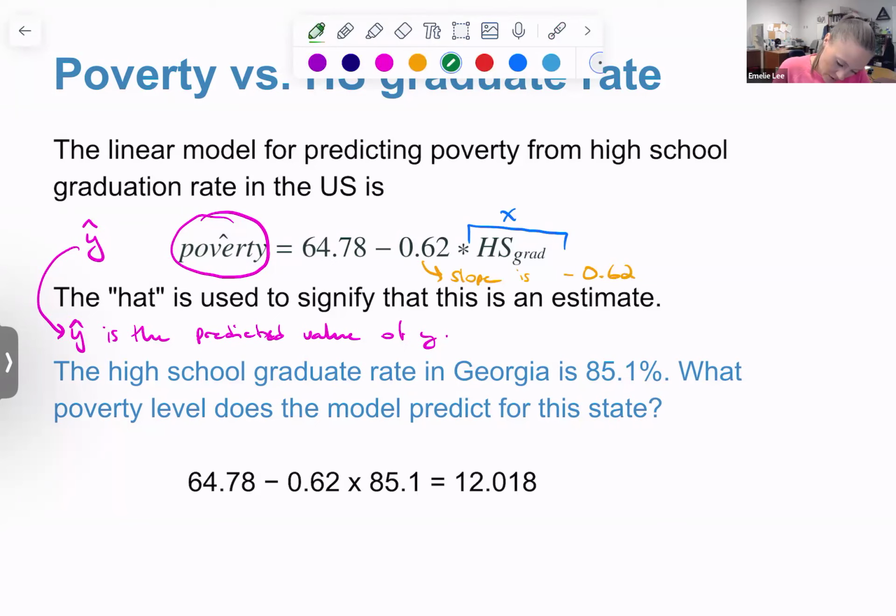If we think about y equals mx plus b, whatever's attached to the x, it doesn't matter which order it's in. You can have the mx first and then plus b, or b plus mx. It just doesn't have that same ring to it. And then the y-intercept is 64.78.